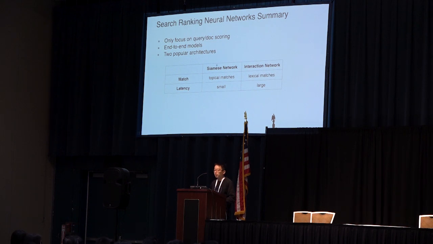There are two popular architectures, Siamese network and interaction network. Siamese network is better at topical matching, while interaction network is better at lexical matching. The latency of the Siamese network is obviously much smaller than the interaction network. So in fact, in LinkedIn search, we are using the Siamese network.